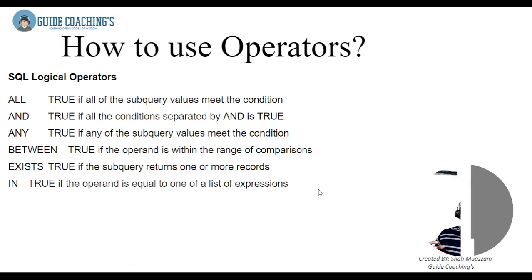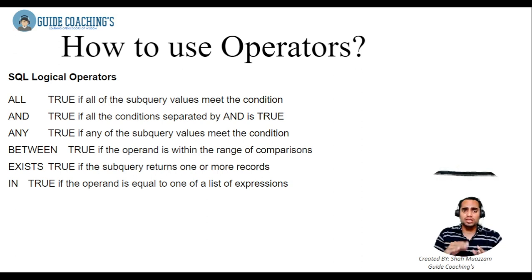Then we have seen about in. In and between work on similar lines. When we have more than two values to be compared, at that time we use in. How do we do it? We write select star from employee where salary in 10,000, 20,000, and 30,000.